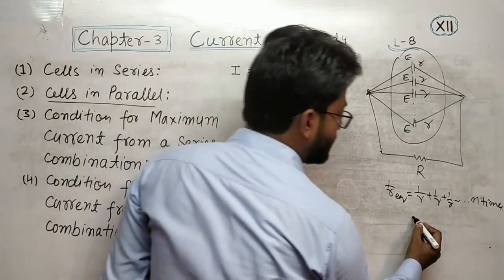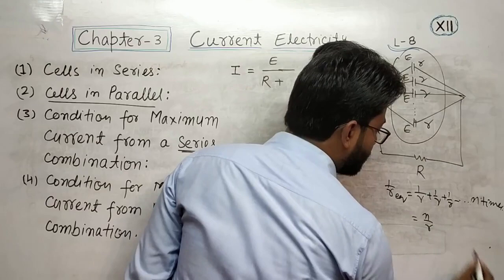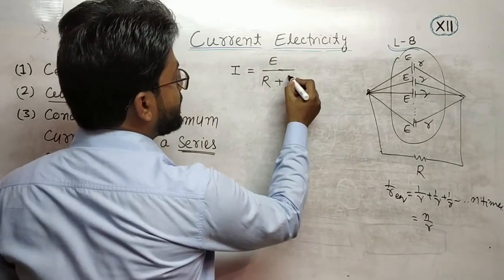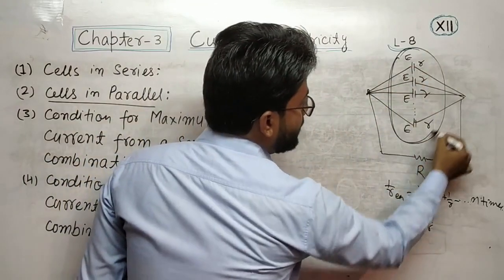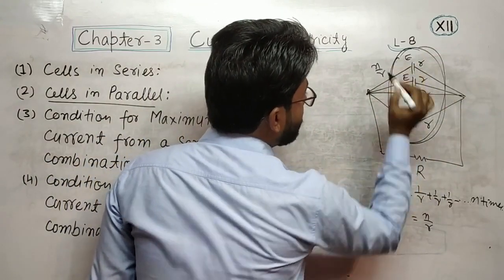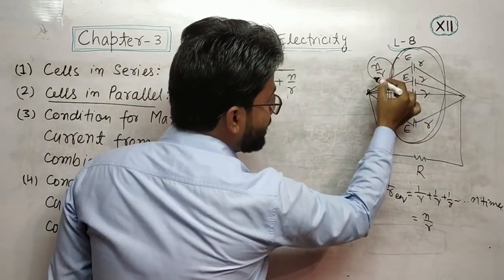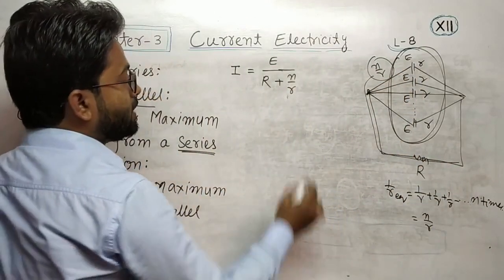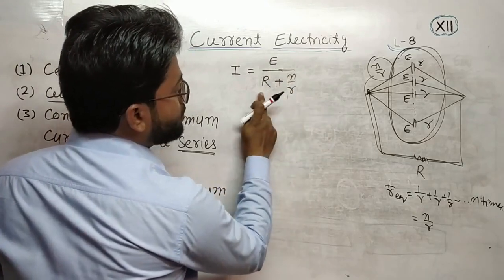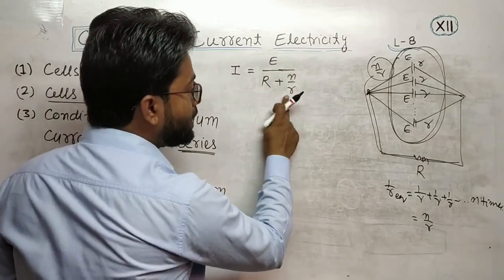That is n by r. This equivalent resistance n by r is in series with the external resistance, so the total resistance will be R plus r by n.